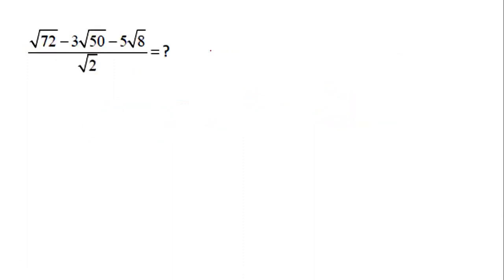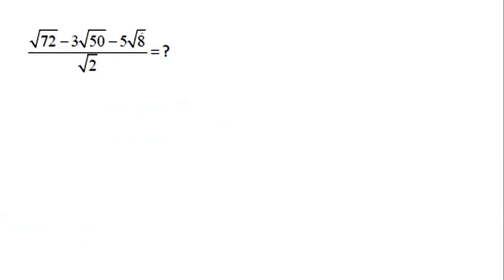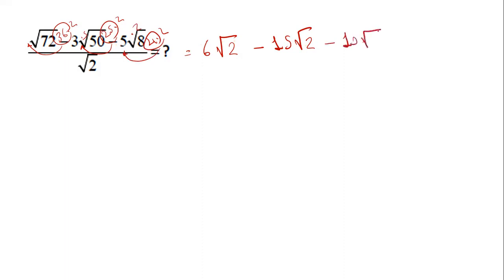And for this question, I did a similar question in one of the previous questions indeed. So this one is going to be 36 times 2, this one 25 times 2, this is 4 times 2. So I will take this 36 out as 6 root 2, and this 3 times this 25 comes out as 5, will be 3 times 5, 15 root 2, and this one comes out as 2, 5 times 2, which is going to be 10 root 2, over root 2.